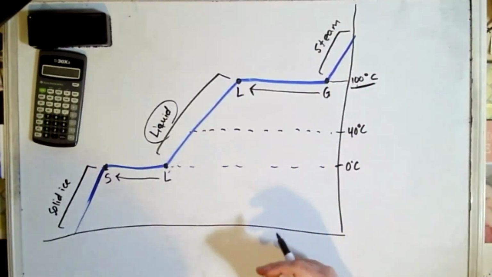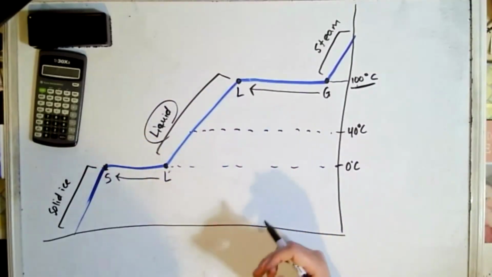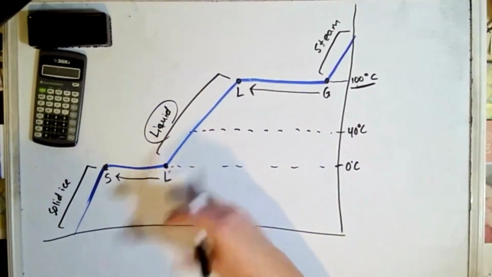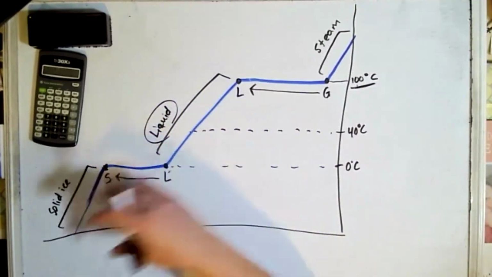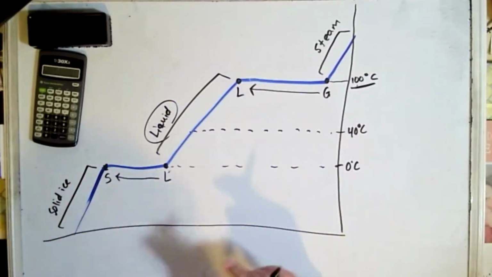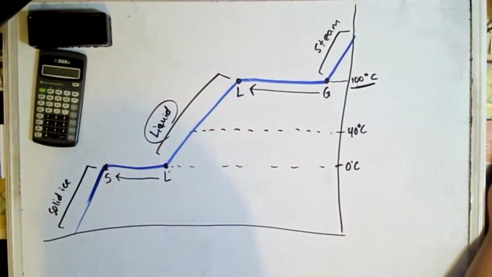When water freezes, heat is being removed from the water, which is what allows it to go from its liquid state when the molecules are moving around into its solid state where the molecules are sort of locked into position. All right. Next question.